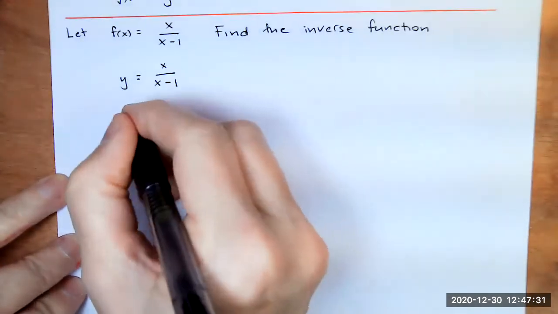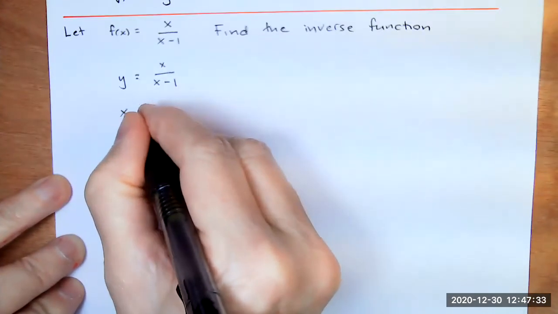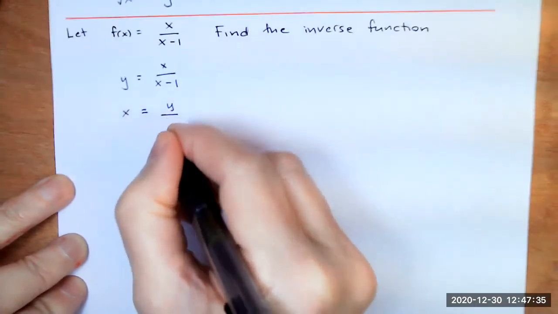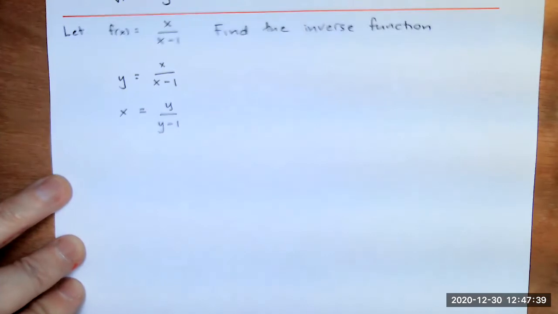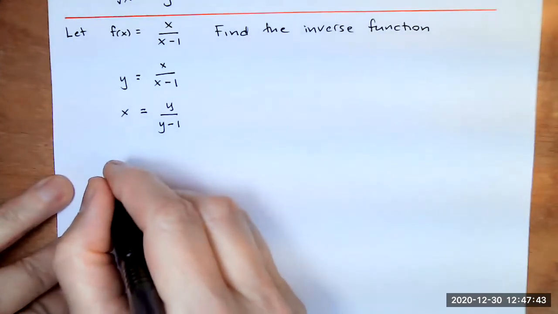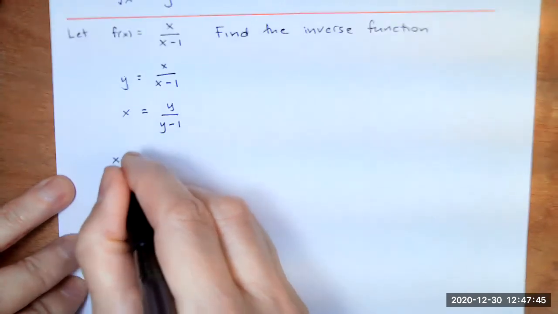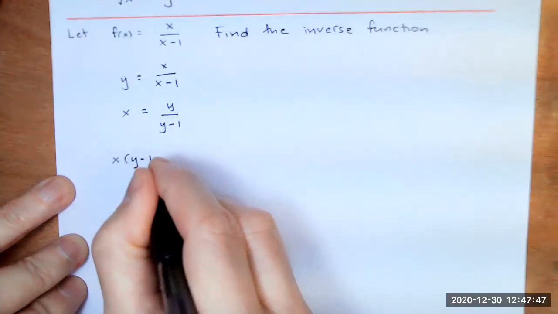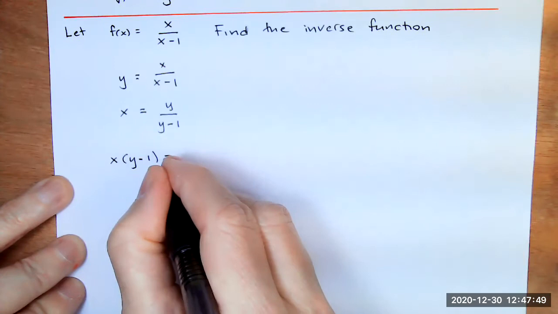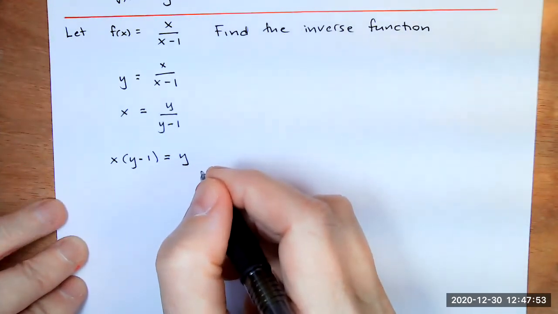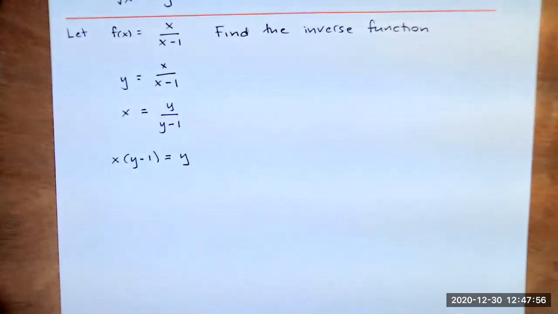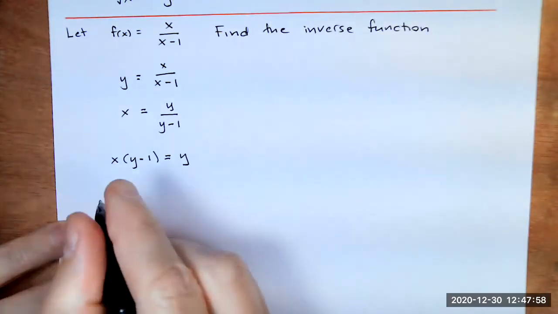So we switch x and y, and then we're going to solve for y. So multiply both sides by y minus 1. And then distribute.